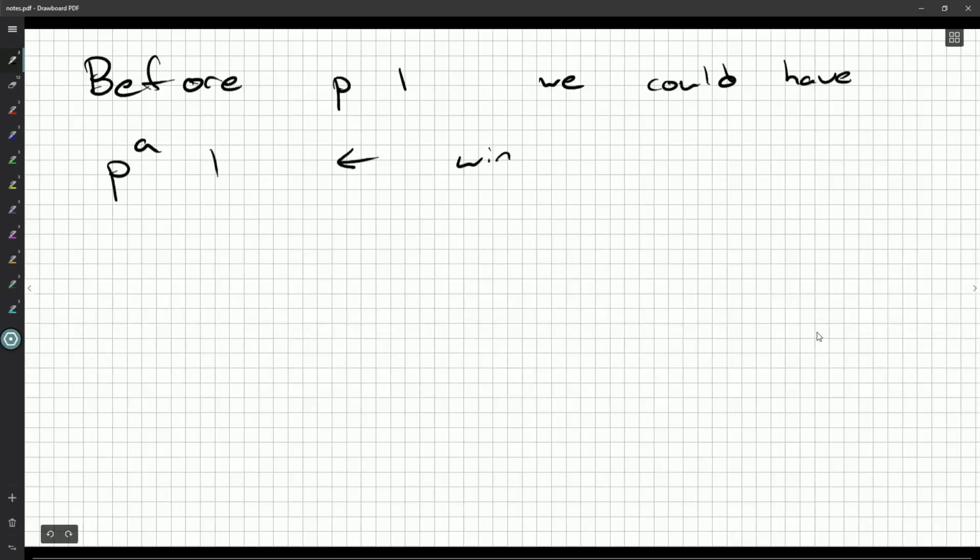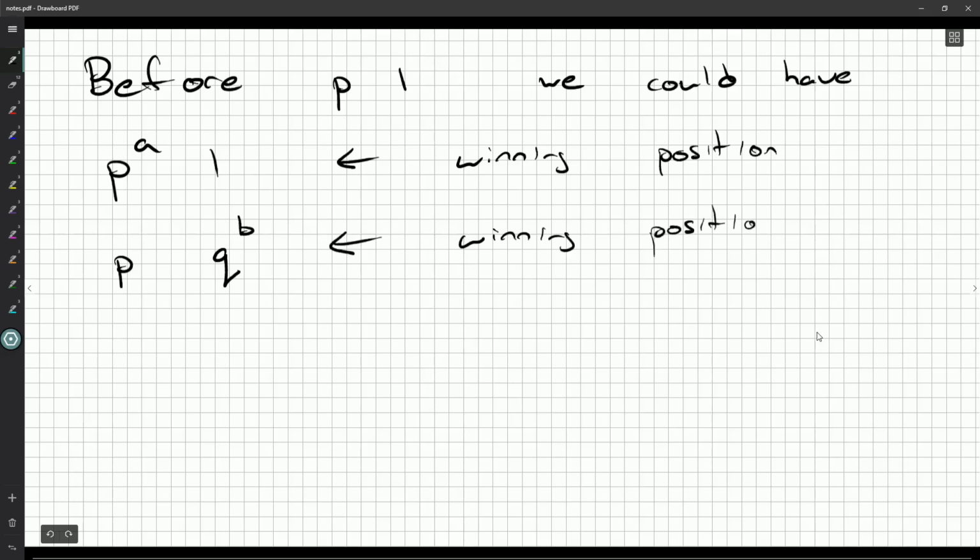That's a winning position. Or if you're looking at P and Q to the anything, then that's a winning position, for B greater than or equal to 1, and for A greater than 1.